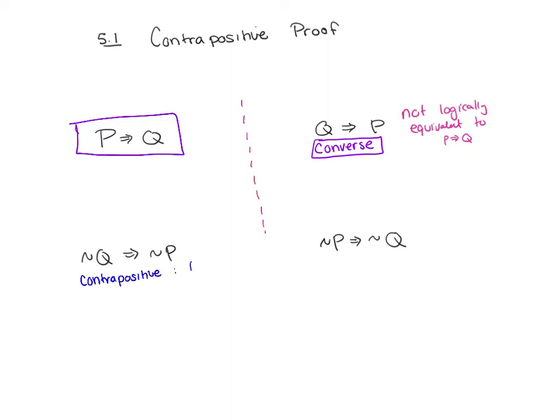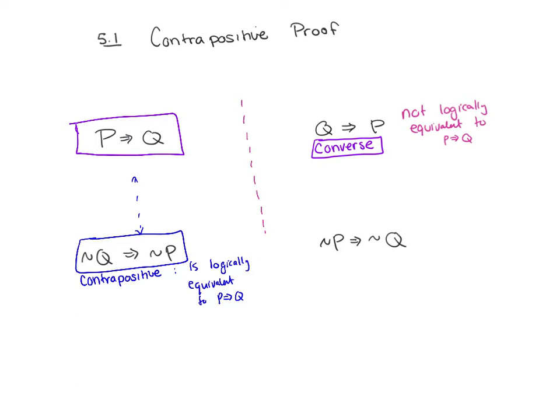And this is logically equivalent to P implies Q. Right, so these two statements have the same truth values. So if I need to prove P implies Q, instead I could just prove not Q implies not P, because it's going to be true at exactly the same time. And when we do that, that's called proof by contrapositive.